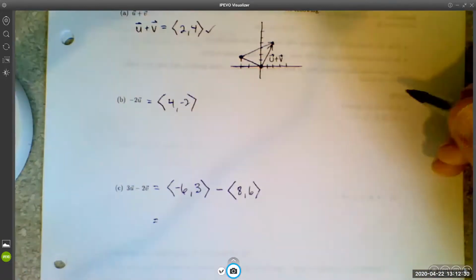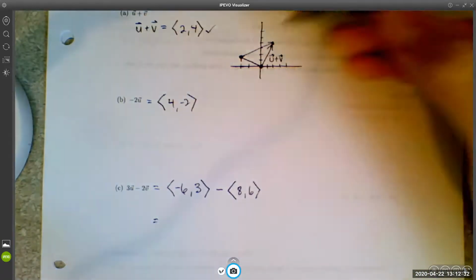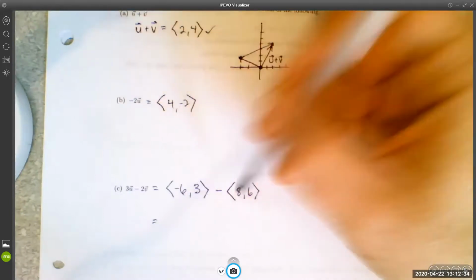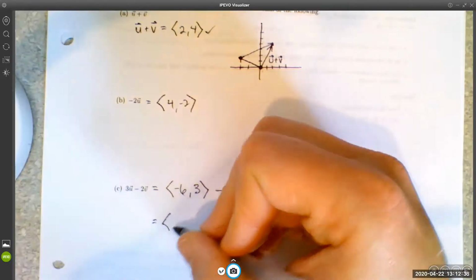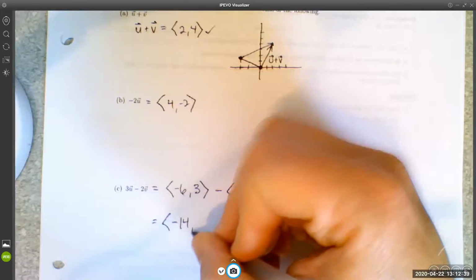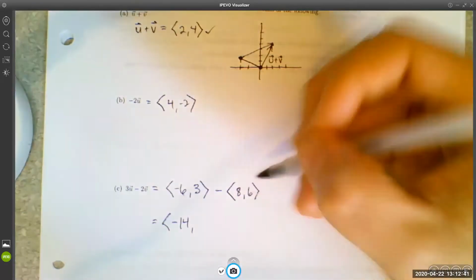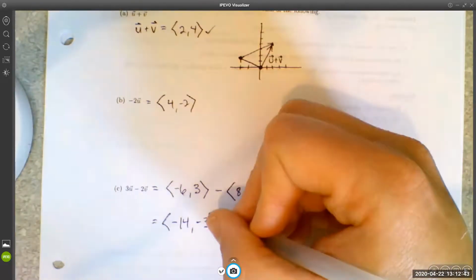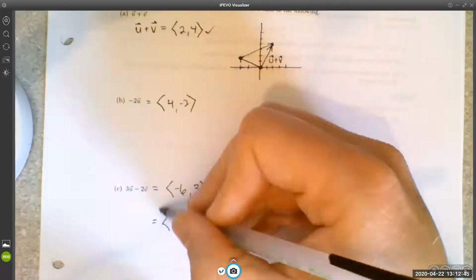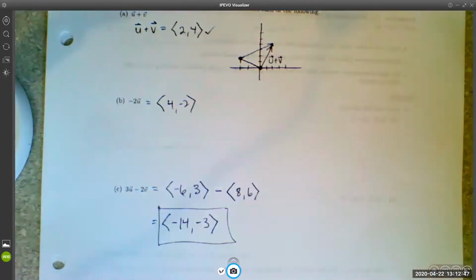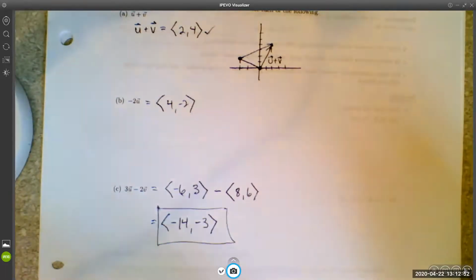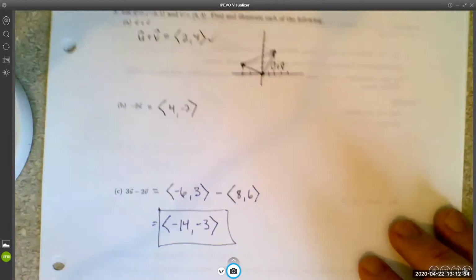And again, I just subtract like components. Right? So -6 minus 8 is -14. And then 3 minus 6 is -3. And that's that one. Okay, so addition, subtraction, scalar multiplication. Those things are all fairly straightforward when you're working with the vectors algebraically.